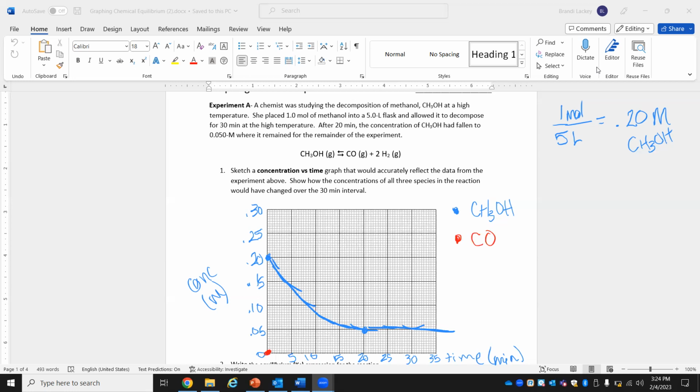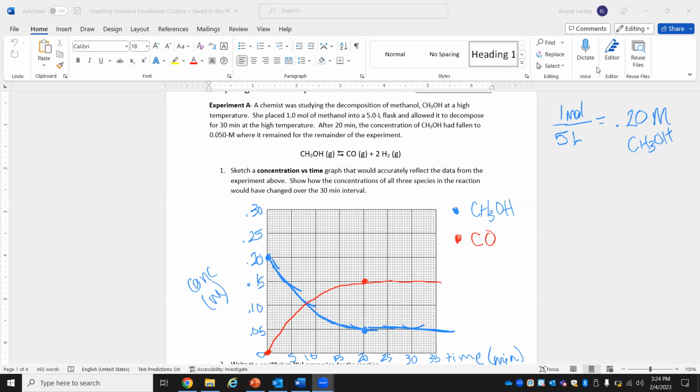Methanol went down by 0.15 over the course of those 20 minutes, so carbon monoxide is going to go up by 0.15 in those 20 minutes. At 20 minutes, that's where we hit equilibrium. So the line for carbon monoxide should look something like that, just kind of a mirror image of the methanol because they changed by the same amount.